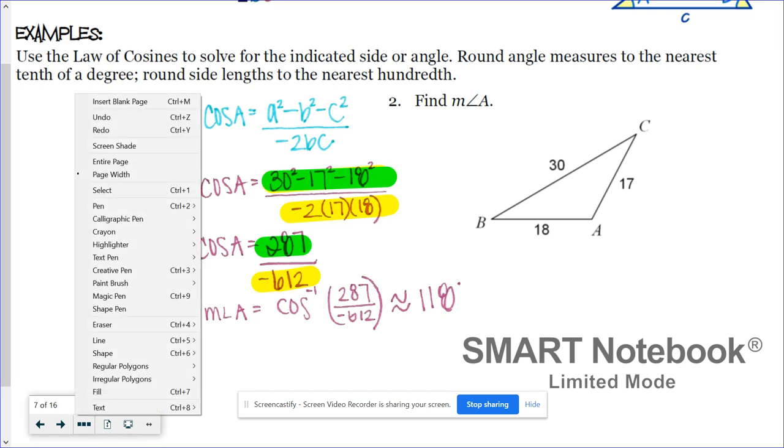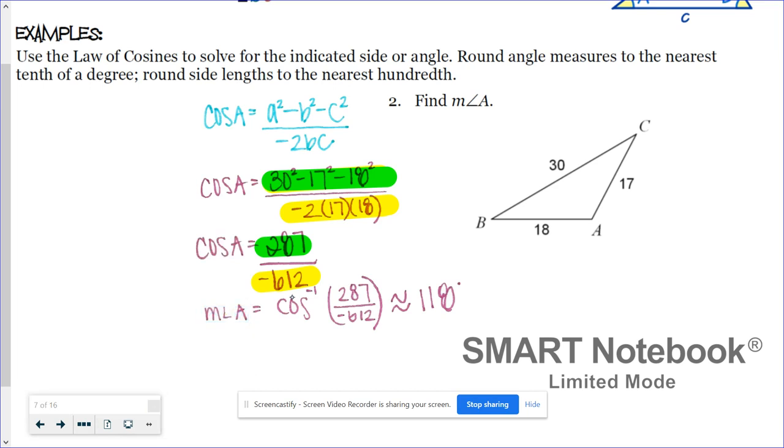Once you have the ratio, you can do the inverse cosine of that ratio. So second cosine, 287 divided by negative 612, and your calculator will give you that angle measure. That's what I would do: simplify the numerator, simplify the denominator, get the ratio, and do the inverse cosine of the ratio.